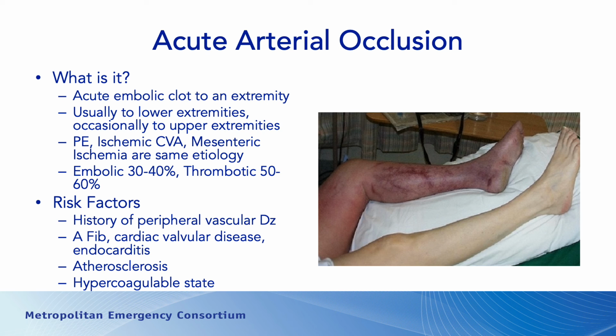Atherosclerosis of the arteries in the extremities is a risk factor. You can have narrowing of an artery, such as the femoral artery or the popliteal artery. You can then develop a clot that goes to it, and you can get into trouble. And then hypercoagulable states are also a problem in some patients where they just clot more easily.